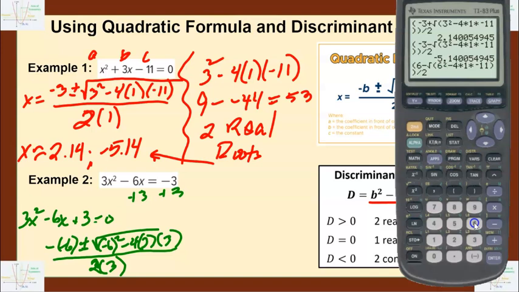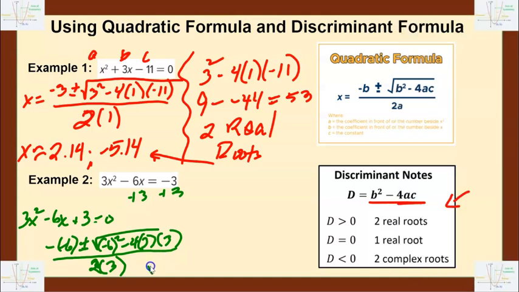Because anytime I square a number, it's always going to give you a positive result, whether the number is negative or positive. So I'm going to make that 6 squared minus 4 times 3 times 3. Get rid of these other numbers. End parentheses, divided by, instead of dividing by 2, I'm going to say divide by 6 because 2 times 3 is 6. I hit enter, and it'll tell us that x is going to equal 1.